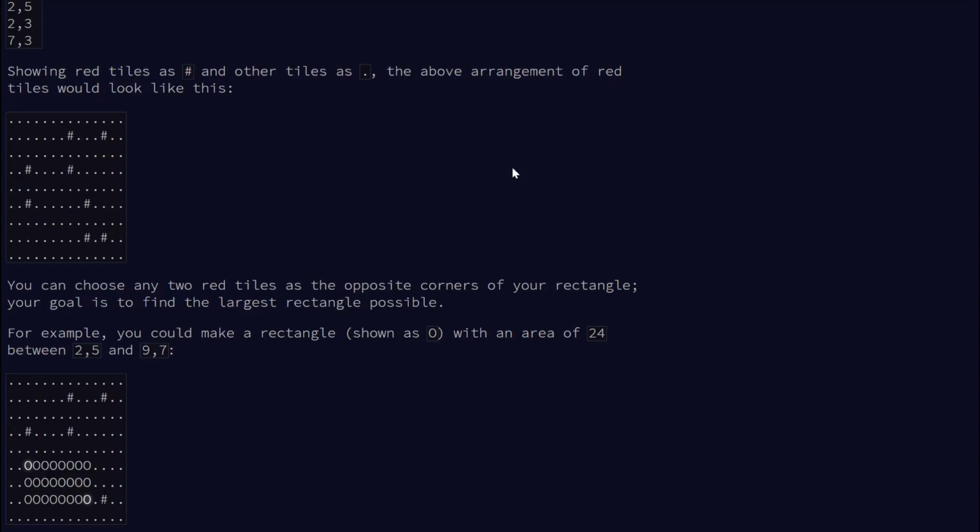And do the same thing at red tiles as well. Because for a red tile, there are actually two neighbors that are outside the shape. These two, for example. And then two that are inside the shape that I don't need to worry about.